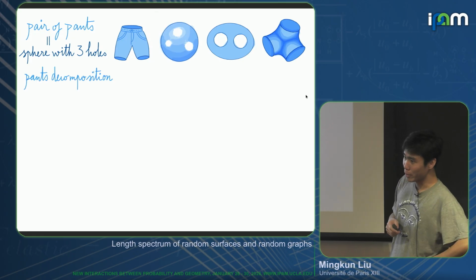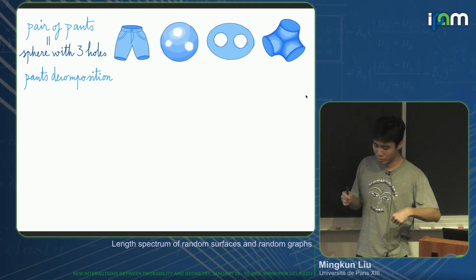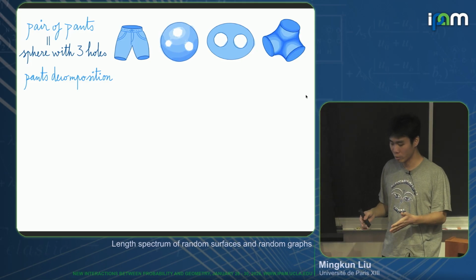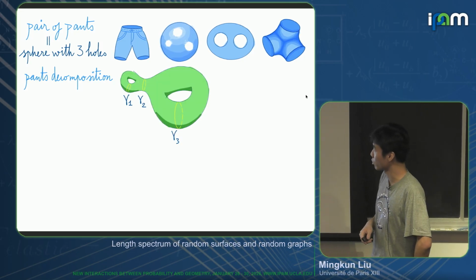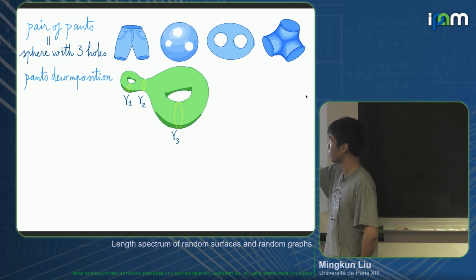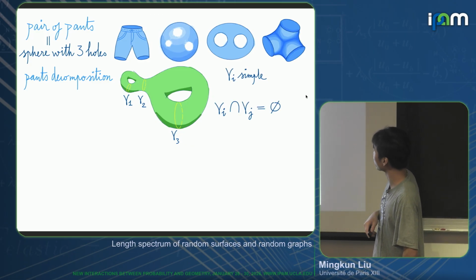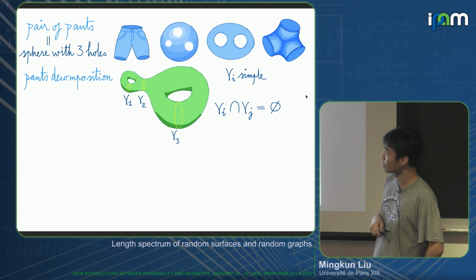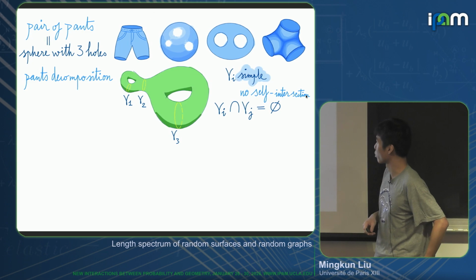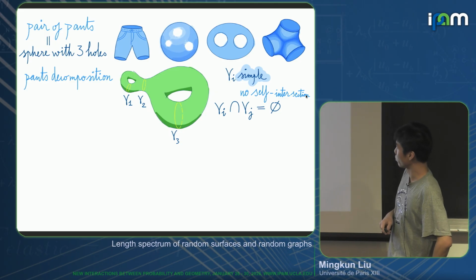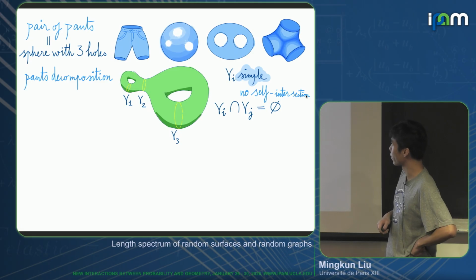So once you have pairs of pants, you can have a pants decomposition. The idea is that it is a way of chopping your surface into pairs of pants. Formally, it's just a set or a sequence of curves on a surface, gamma 1, 2, 3, satisfying the following conditions. First, you want every gamma to be simple, meaning that it has no self-intersection, it never crosses itself, and you don't want any intersection between the gammas either.